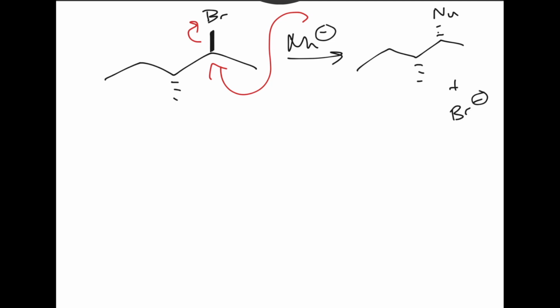And the reason this happens is since the nucleophile has to push the leaving group out, it has to come from the opposite side. So you're always going to turn that carbon that has the halogen on it kind of inside out. You're always going to come from behind.